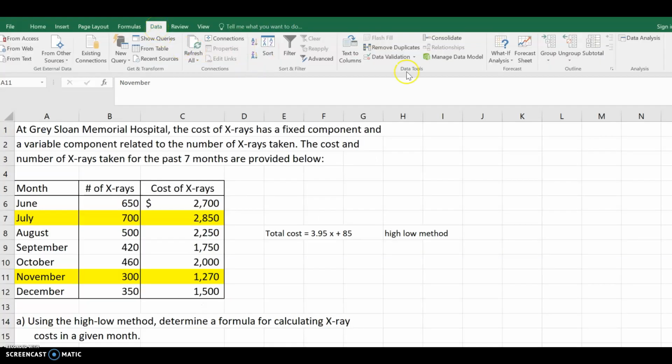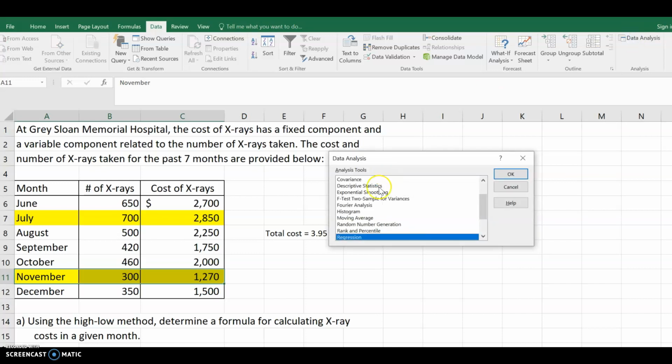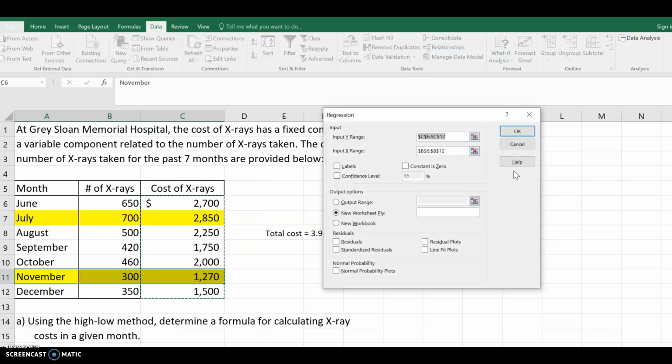On the Data tab, you click on Data Analysis, and then we choose Regression and say OK. We choose the Y range, which is going to be the costs, and then the X range, which is going to be the volume. And then you say OK.